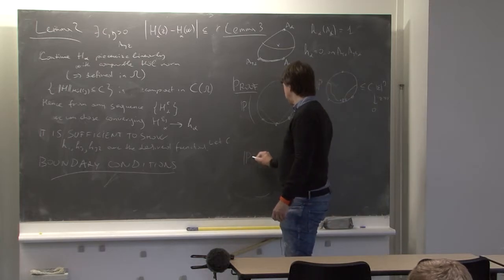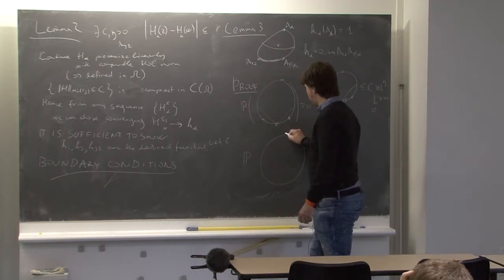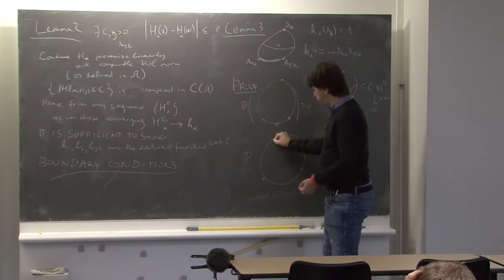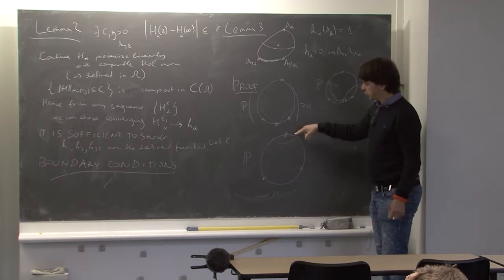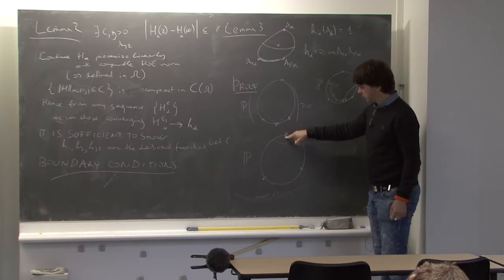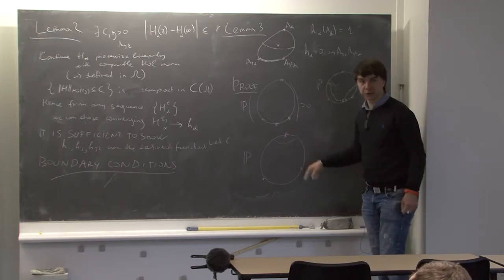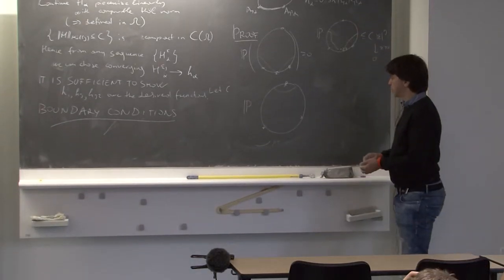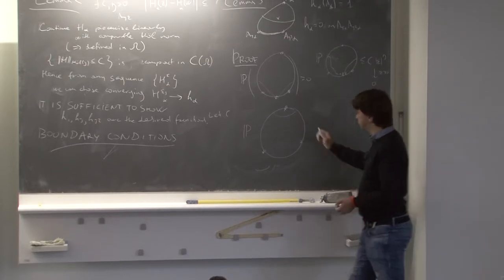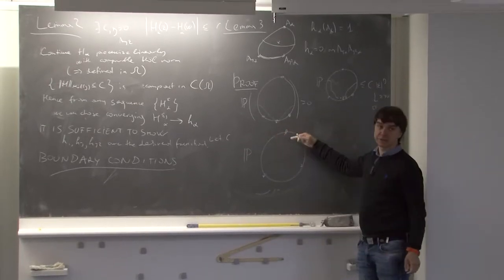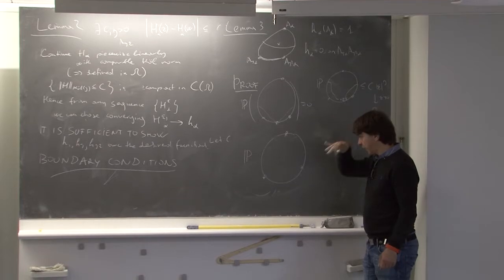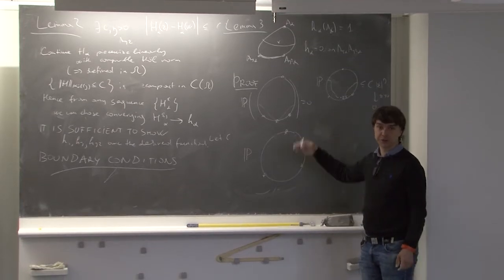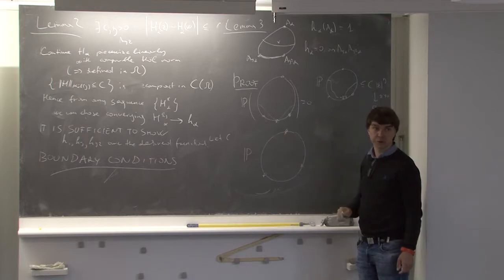Now we have to estimate what our function is at the top. So what is the probability that you would have a cut which separates this top point from the other two. Here again we use Russo-Seymour-Welsh. If the mesh of the lattice is finite, this probability is not 1, because there is always a small chance that everything is blue, so there is no crossing.